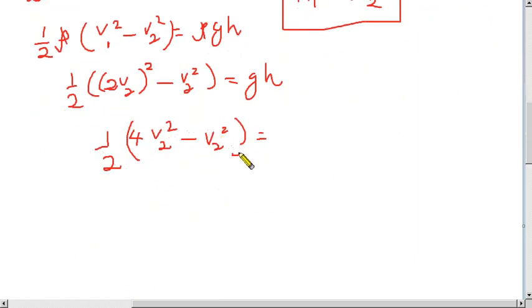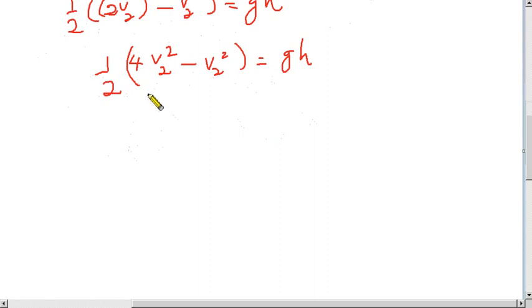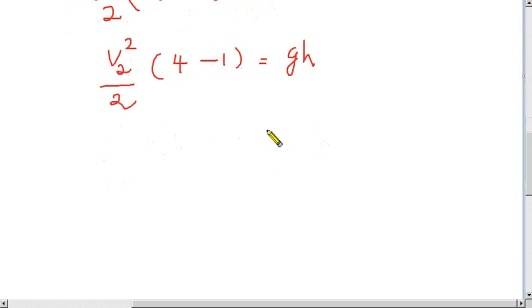Then let us simplify. V2 squared can also be taken out of the brackets: v2 squared divided by 2 times (4 minus 1) equals gh. Then 4 minus 1 is 3, so 3 v2 squared divided by 2 equals gh.